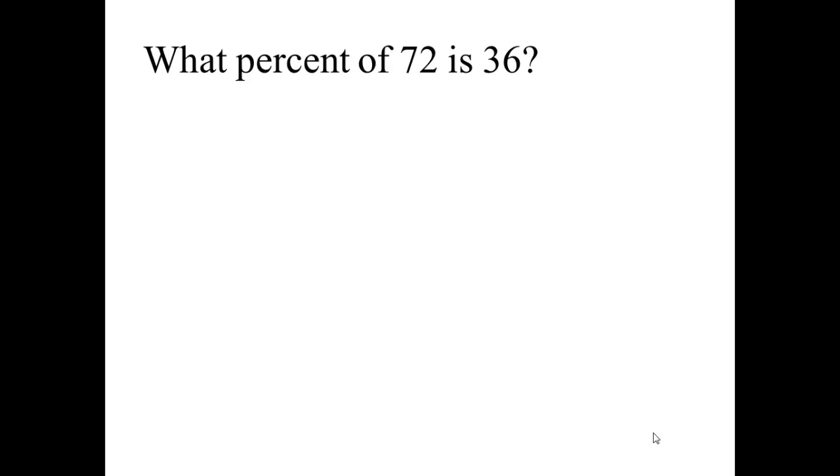Let's do this problem. What percent of 72 is equal to 36? Our percent is what we don't know. The word of is always before the whole, so our whole is equal to 72, and our part is always on the other side of the word is.